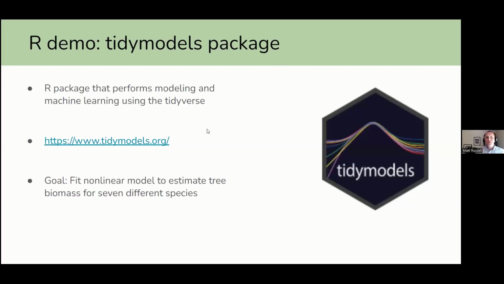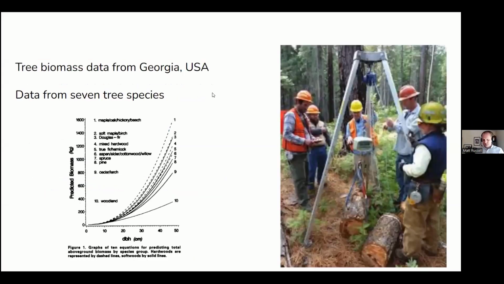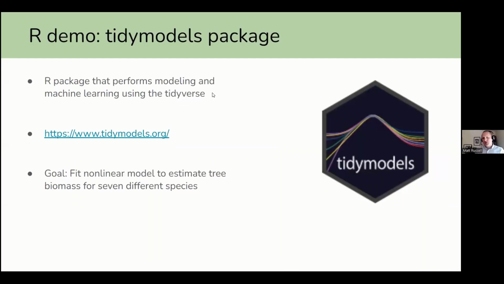I did want to talk a little bit more about the data. What we're using here is the tidymodels package. I mentioned that Tidy Modeling with R book earlier, which is really the best source to learn these tools. This is an R package that does modeling and statistics in addition to machine learning using the tidyverse.